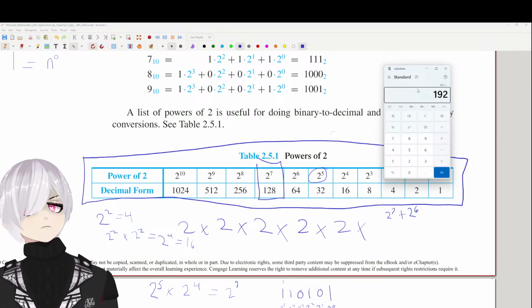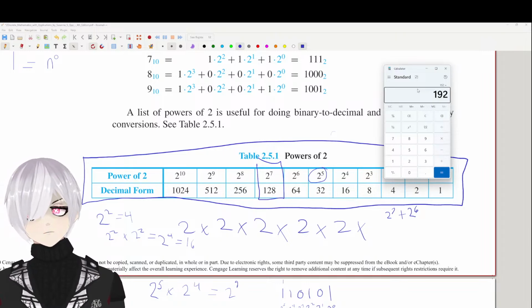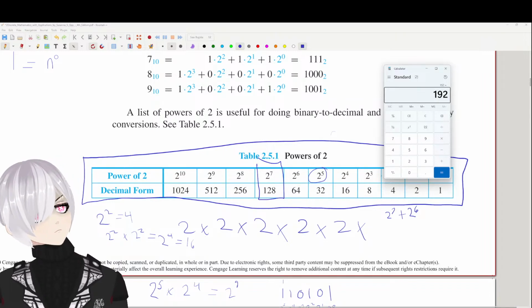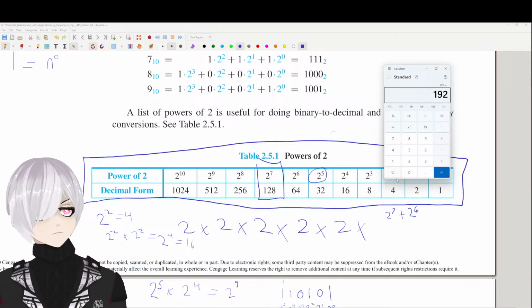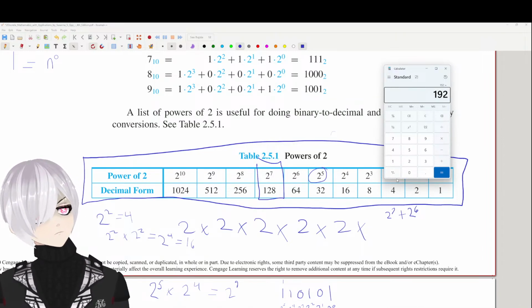So every number is assigned a unique combination: ones and zeros multiplied by powers of 2 and added together.